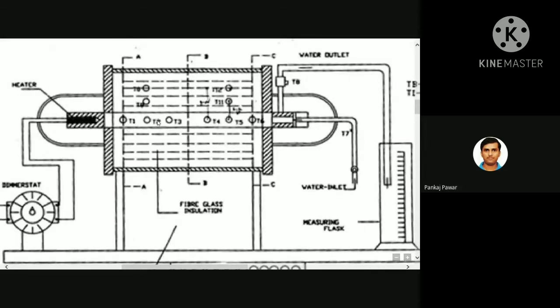So T1 to T6 thermocouples are located over the surface of the metal rod. This is T1 what you have. You can observe here T2, T3, T4, T5 and T6.